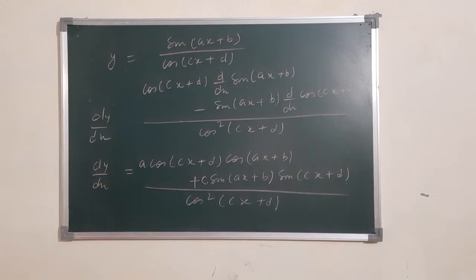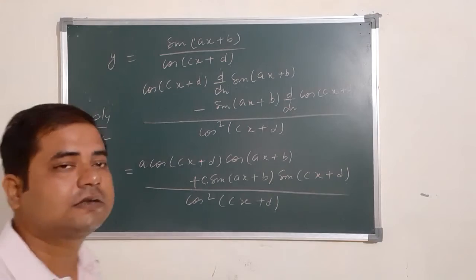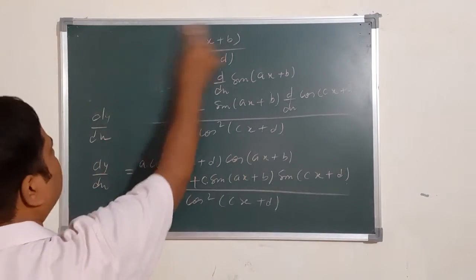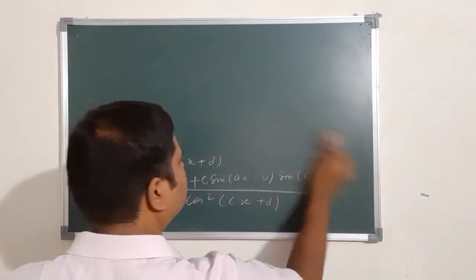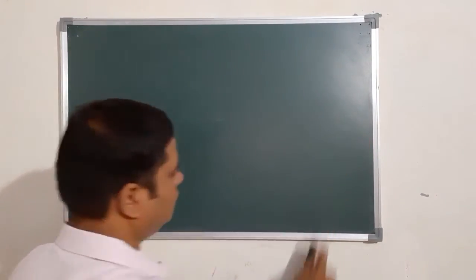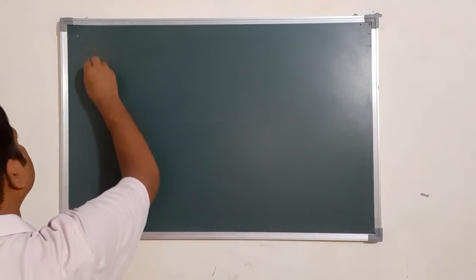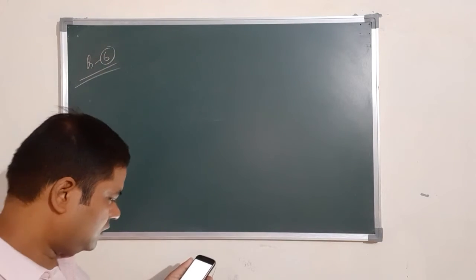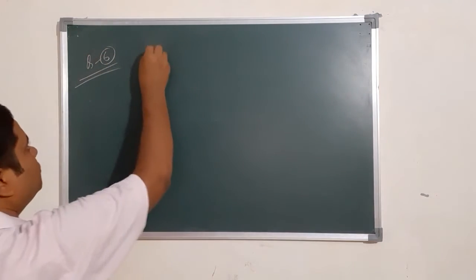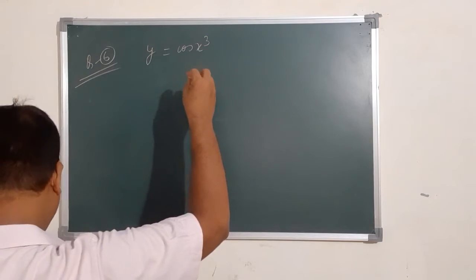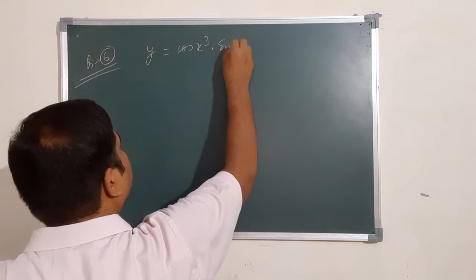Now we are going to solve question number 6. Question number 6 is, y is equals to cos x cube into sin x to the power 5.